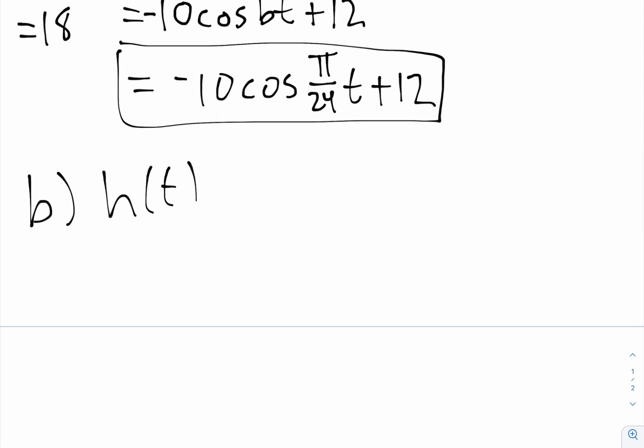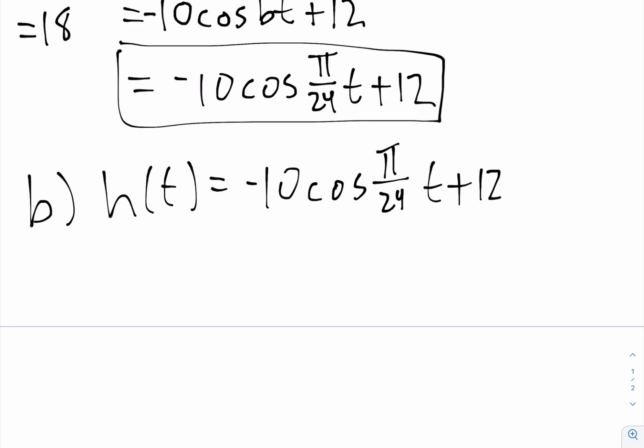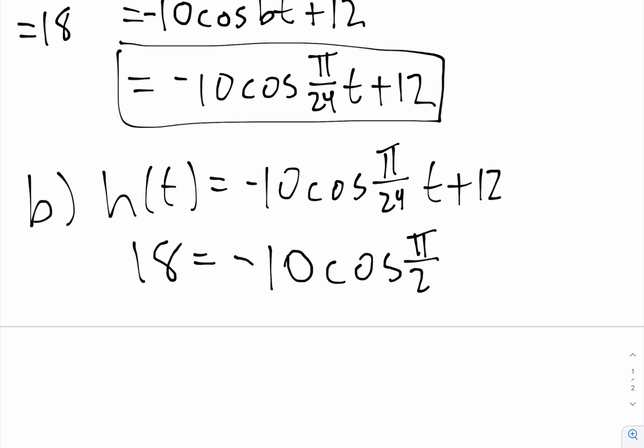We always want to rewrite the function just so we start from square one and make sure we didn't make any mistakes. And we're going to put 18 here for h of t because we're trying to find the time t, this is our variable now, where she is 18 meters off the ground in the first cycle. So negative 10 cosine pi over 24 t plus 12.